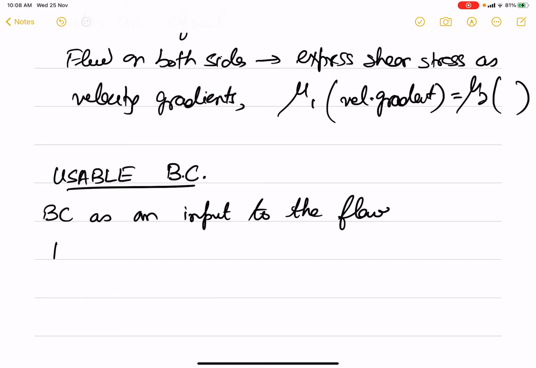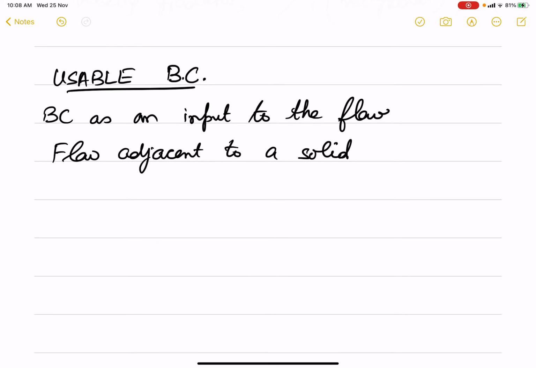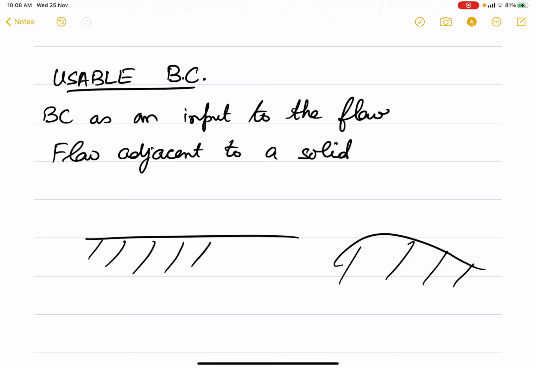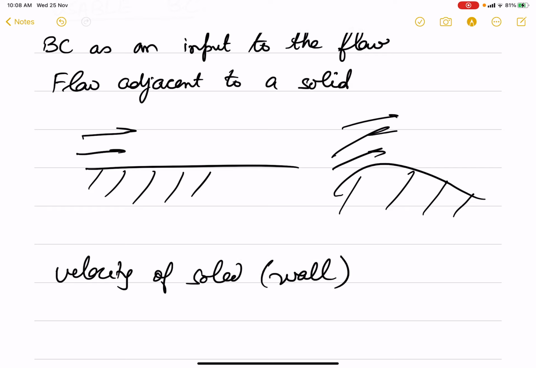But let us say flow adjacent to a solid. There is a solid, which could even be a curved shaped solid, and there is flow past the solid. Now here the velocity of the solid, which is the velocity of the wall, or of some object, is probably known.